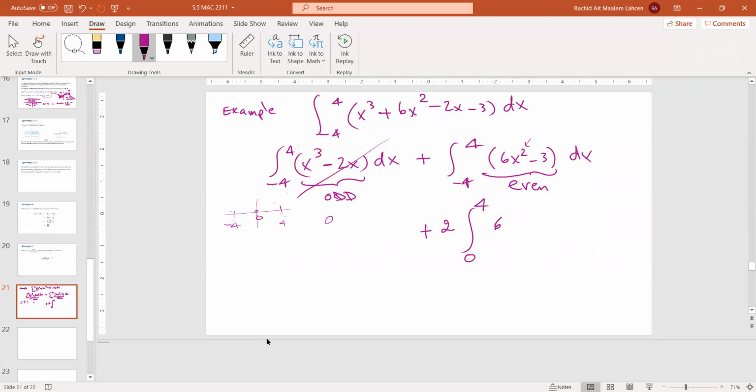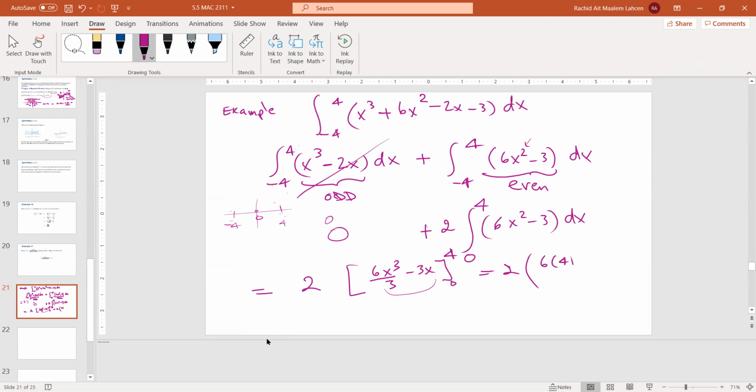So we can do this, and of course 0 plus that is just going to be the antiderivative, and this for 4, and this for 0, which means 0, right? And that's going to give 32. So by knowing these properties, the work is simplified.